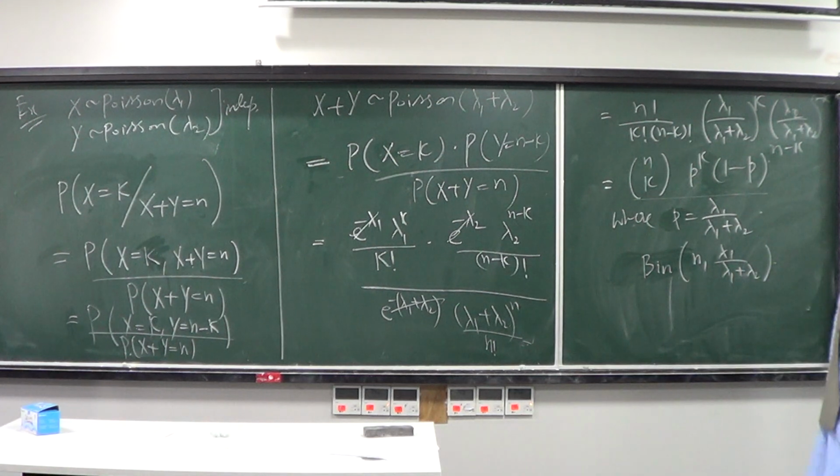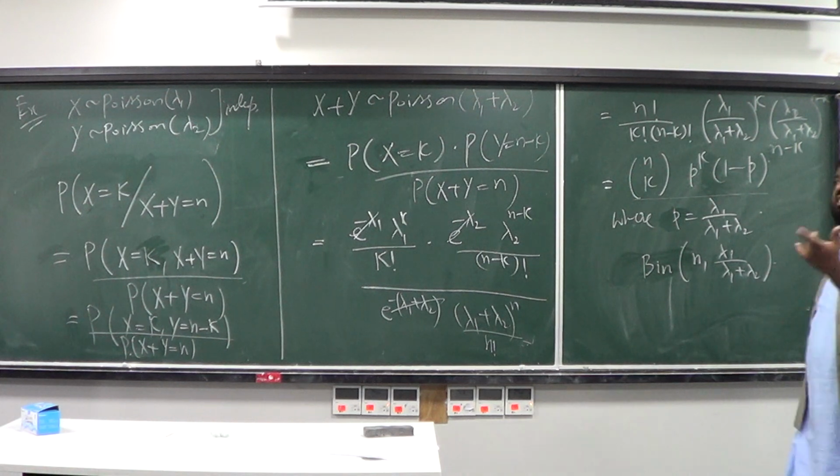Okay? So if we had two Poisson random variables and their sum is also Poisson, then the conditional probability that x equals k given x plus y is n is equal to this. And actually this makes sense.